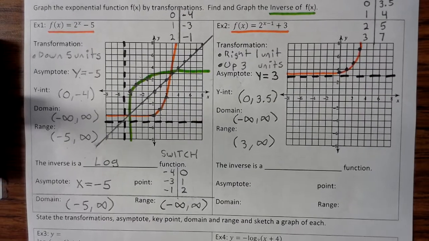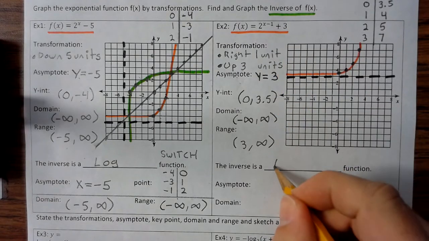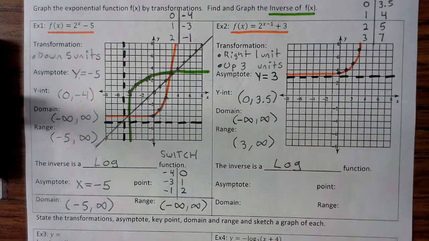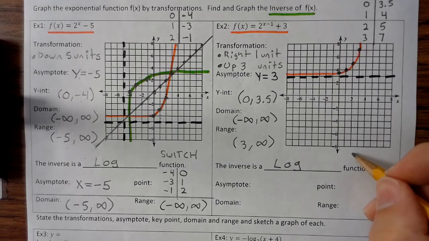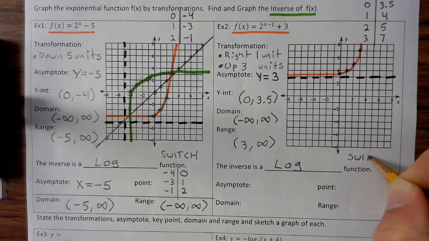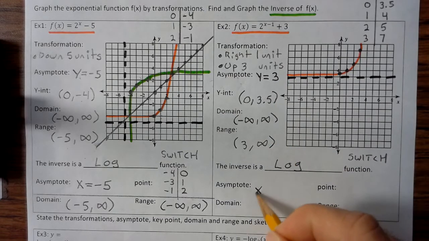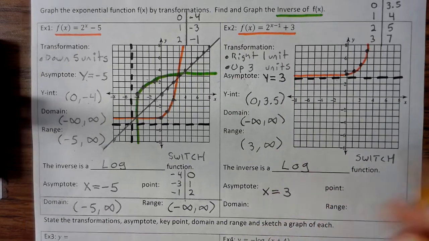Okay, now the inverse of an exponential is a log function, and again the keyword is switch. So the asymptote was y equals 3, now it's x equals 3.